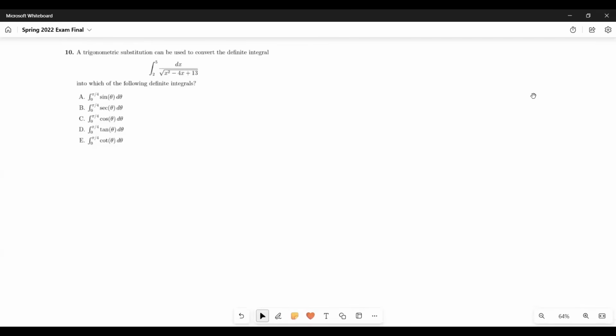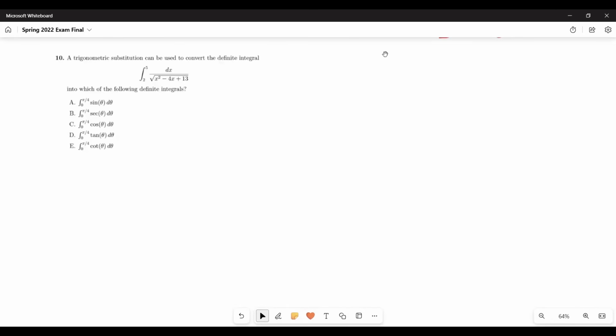Okay, this question asks to use a trig substitution to represent the definite integral. If you remember, the trig substitution for x squared plus a squared is basically the tangent form.